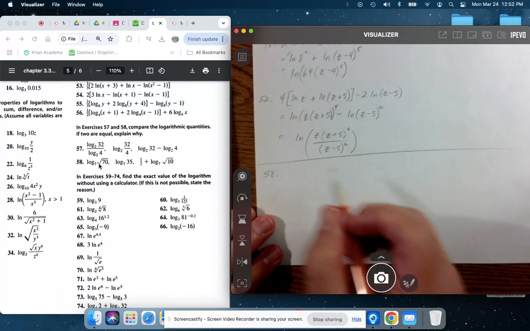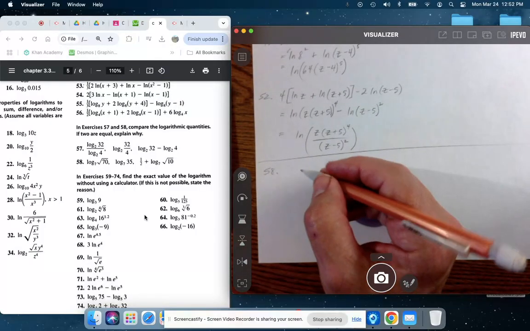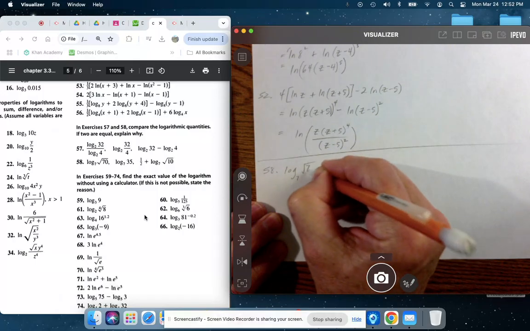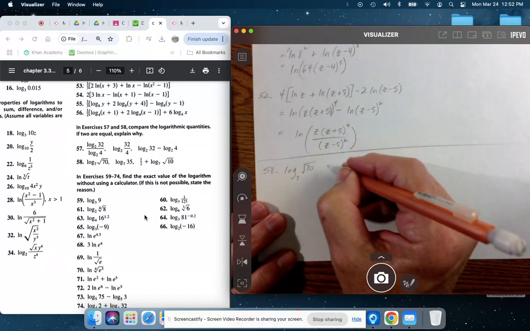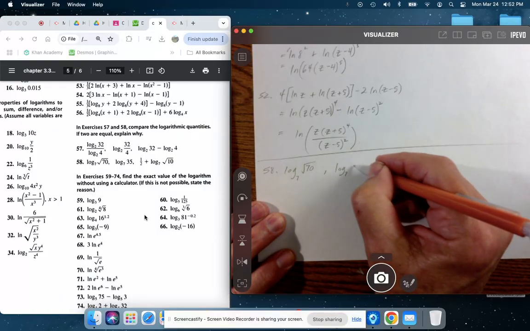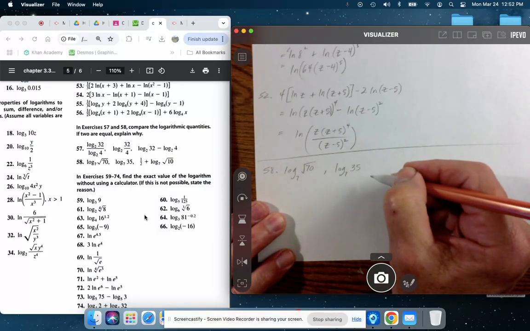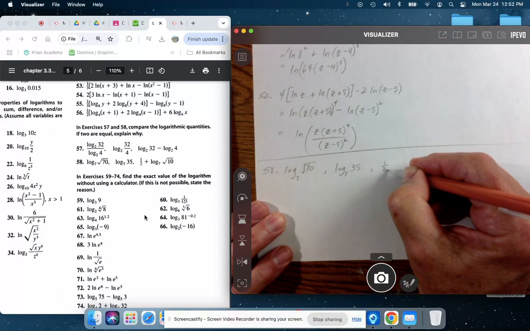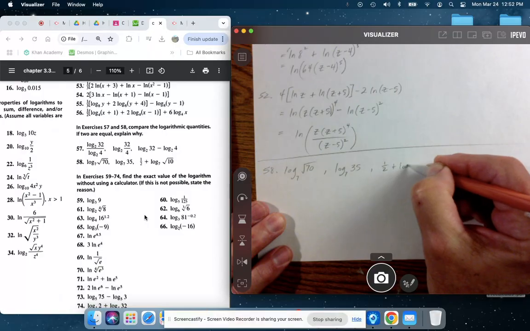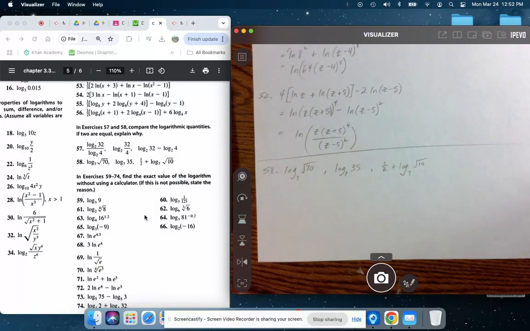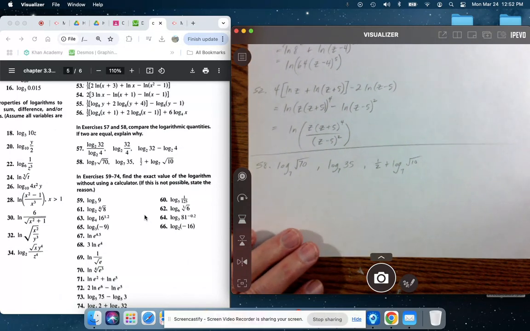So problem 58 is log base 7 of 70, log base 7 of square root of 70, and then there's log base 7 of 35, and then we've got this 1/2 plus log base 7 of square root of 10. Alright, so are any of these equal?